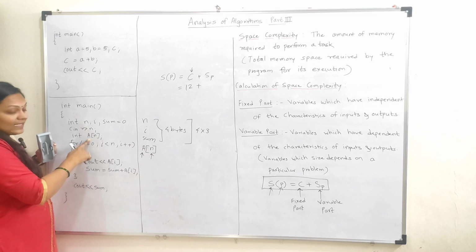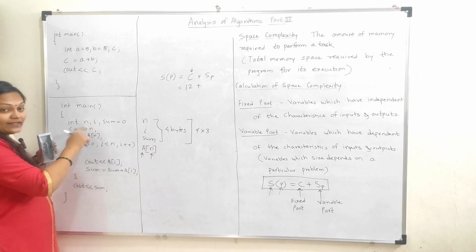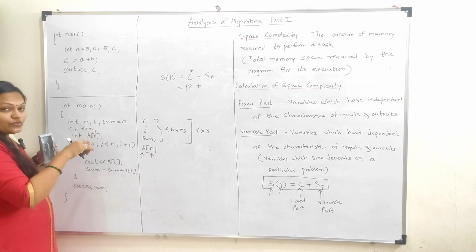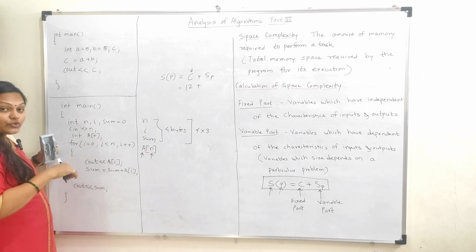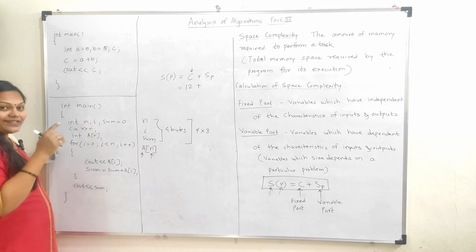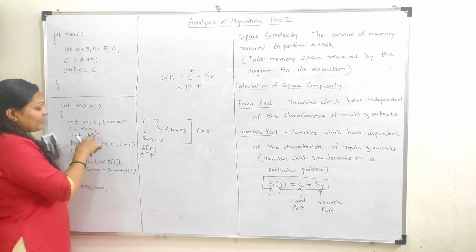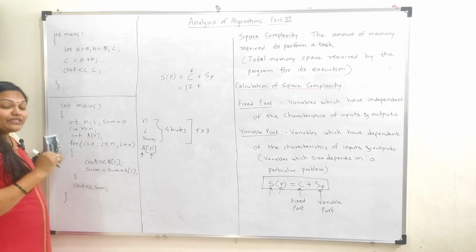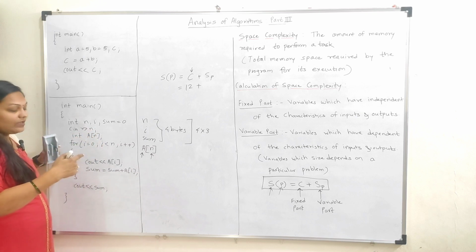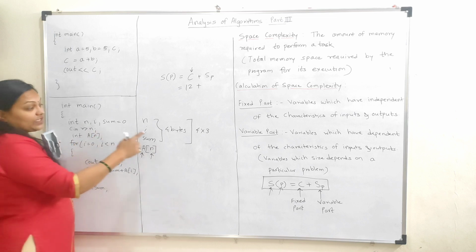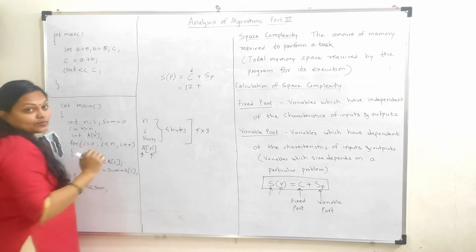So the array size depends on n. If n is 2, array size will be 2. If n is 3, array size will be 3. If n is 10, array size will be 10. So the array size totally depends on n, meaning it depends on another variable. So this type of variable we need to consider in the SP.